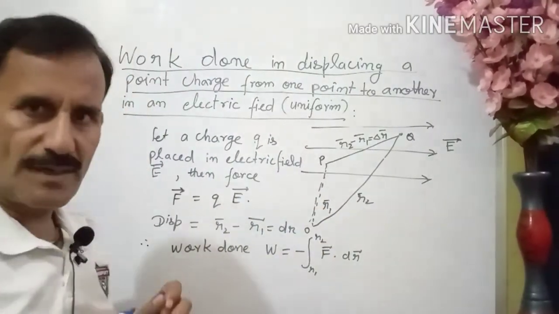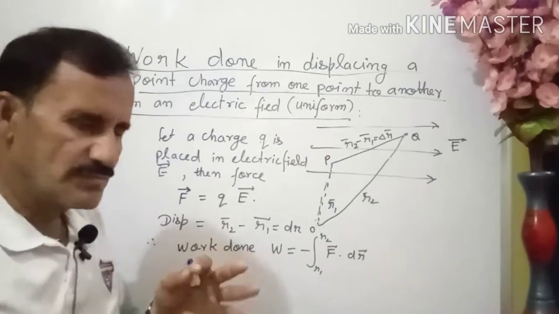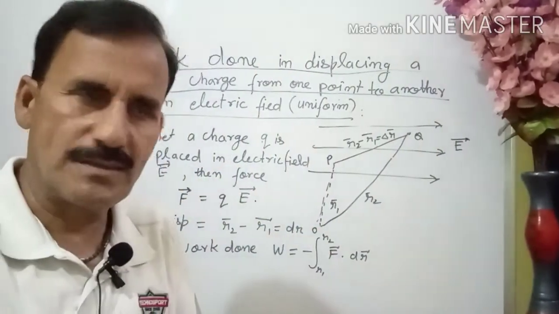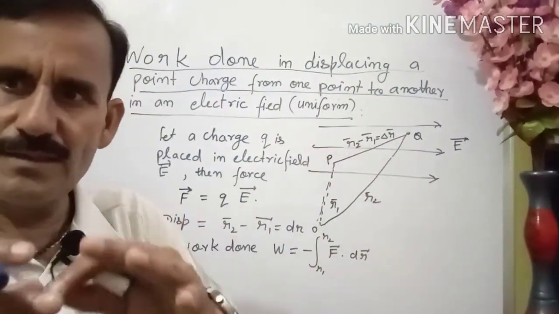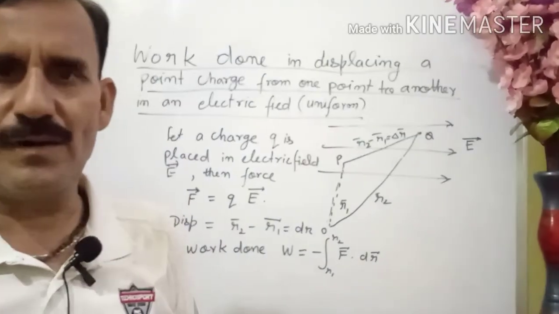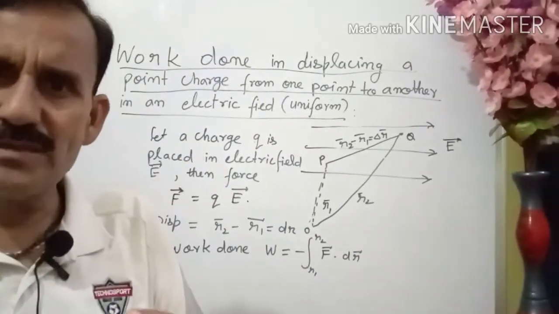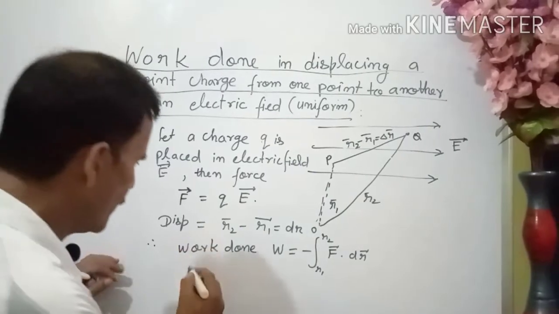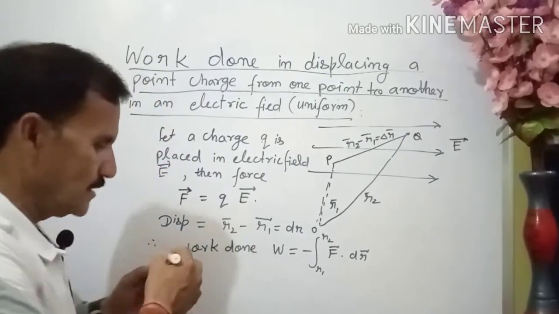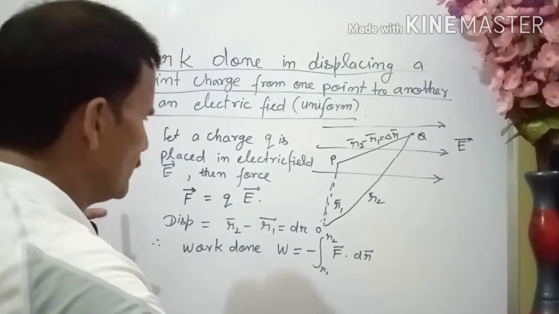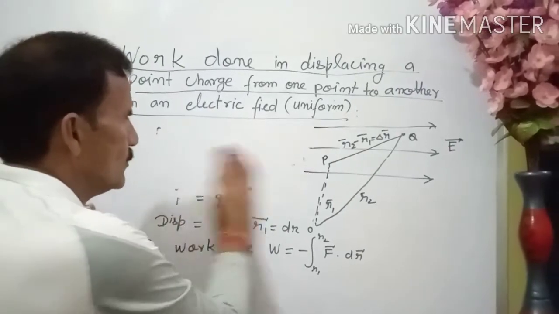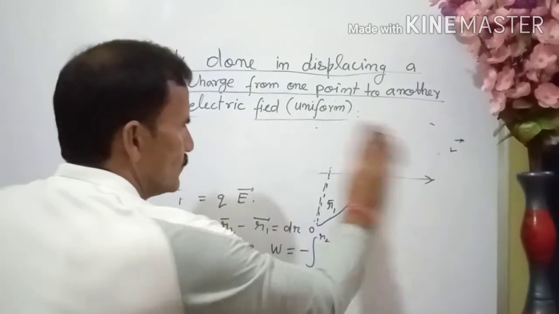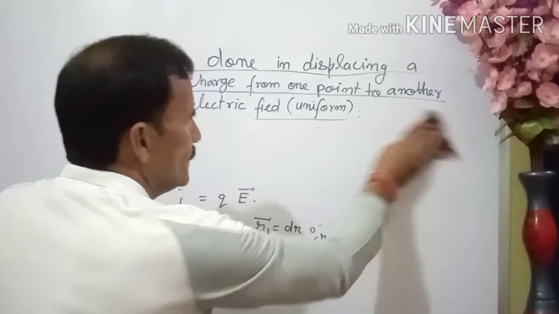So it will be negative work done. And this work done is done on the system, and this is stored in the form of potential energy.